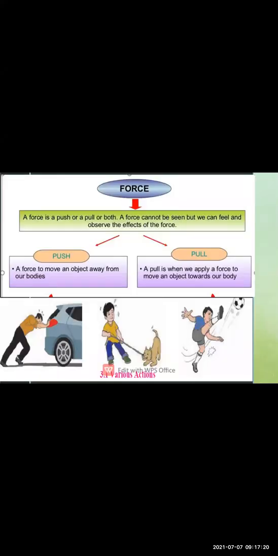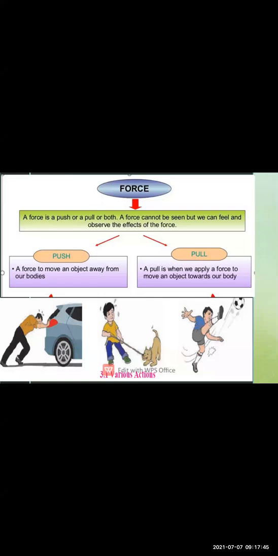Okay. So first of all, we will study what is force. Force is a push or a pull, and sometimes push and pull both coordinate together and form an effect on a force. When you push an object away from your body, it is called pushing. And when you pull something towards yourself, that is called pulling.